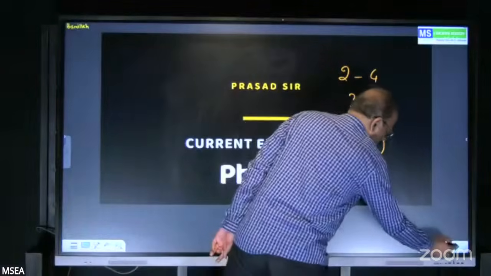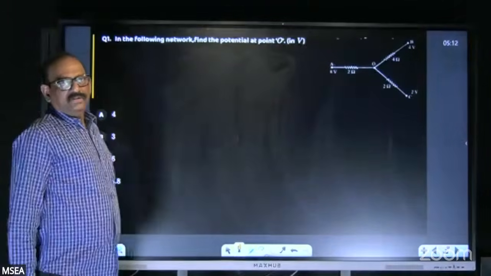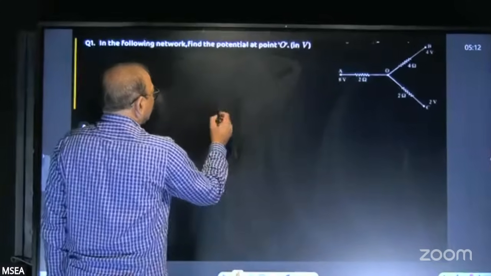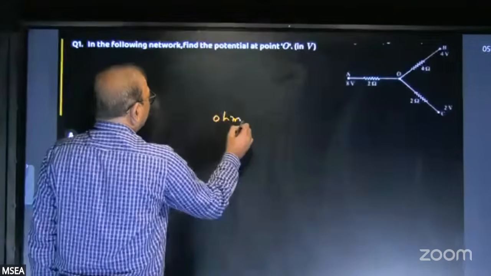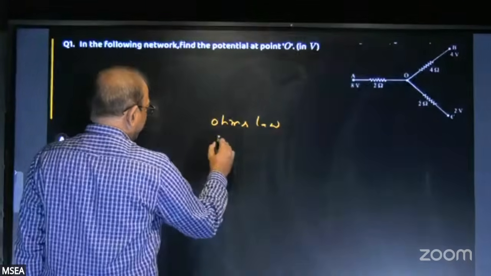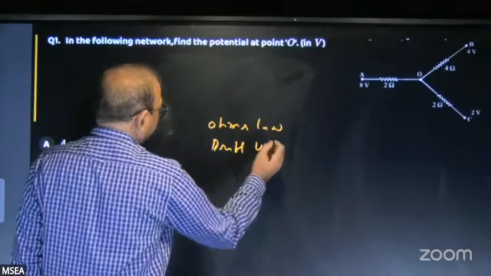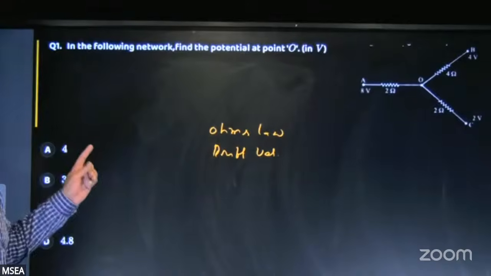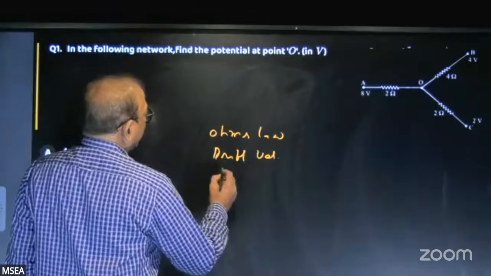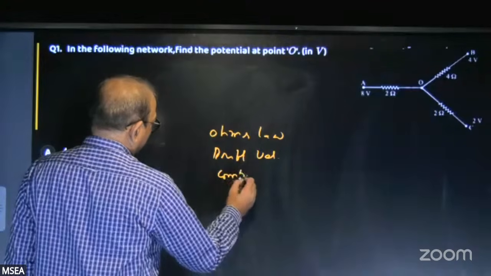So let us start now. In this chapter, you need to focus on Ohm's law, drift velocity, series and parallel combinations of resistors.